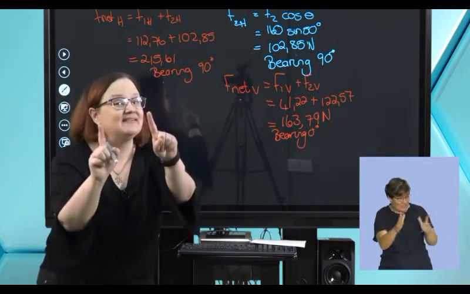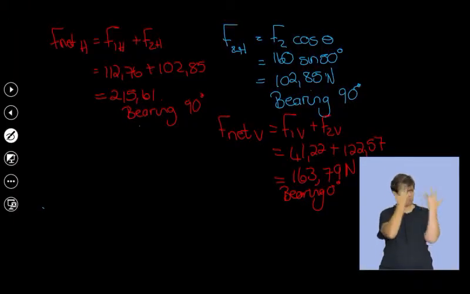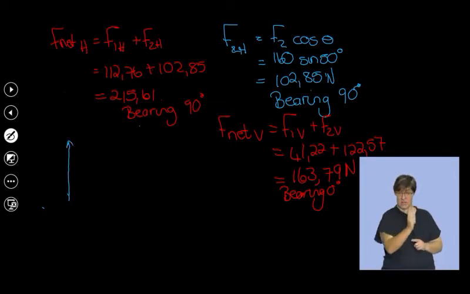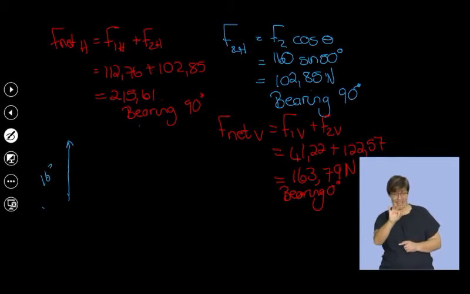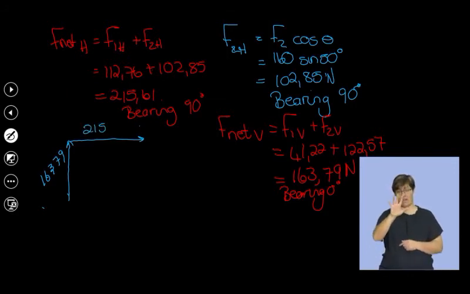But we're almost done, because now we're going to old-fashioned vectors. What have we actually worked out? Well, now we know that we have a vertical force that goes up of 163.79, and a horizontal one of 215.61, and I can find the resultant.